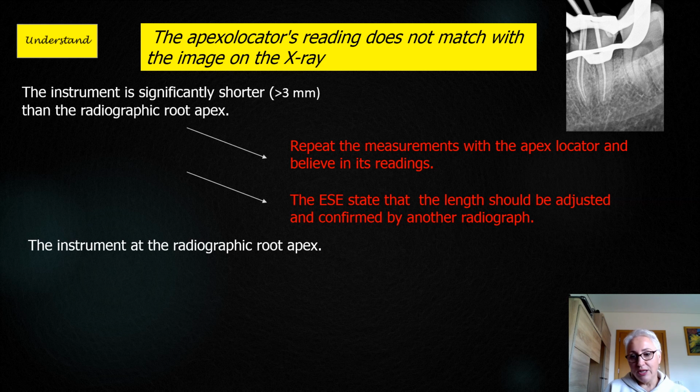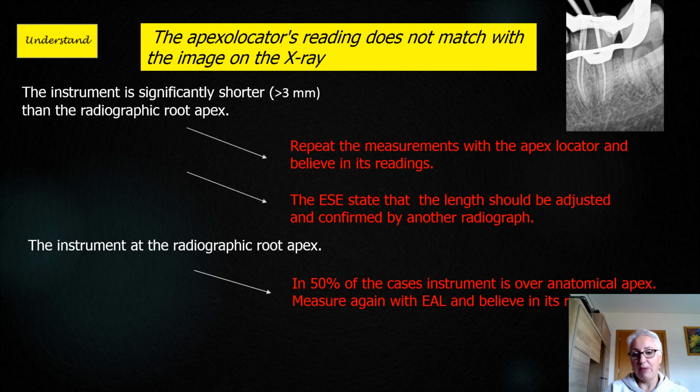What to do if on an X-ray your instrument is exactly at the radiographic root apex? I want to remind you that in 50% of the cases, the instrument is usually over the anatomical apex. Measure again with the apex locator, and you have to believe in its reading.